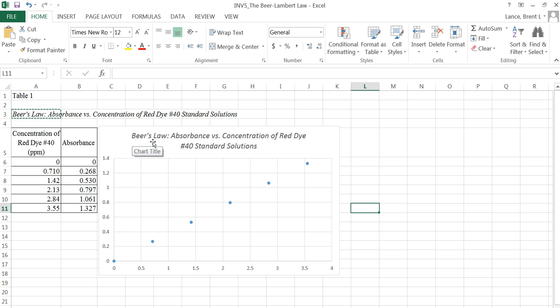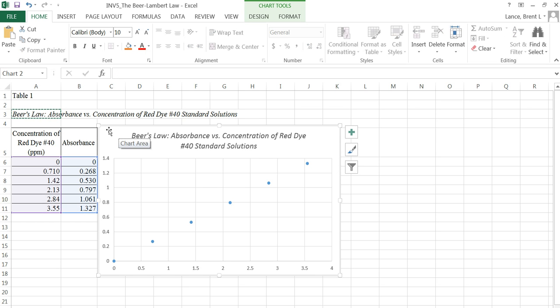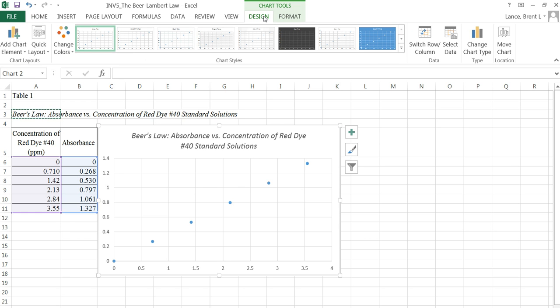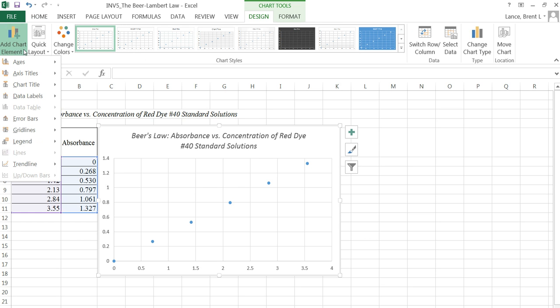So you give your chart a title, and then personally, you need to make sure you title each axis. The part you controlled, or the independent variable, was the concentration of the standard solutions. So that's what you plotted on the x-axis. I can use Excel to do that. I click on the graph right here, and then I go to my Design tab, and I can add a chart element.